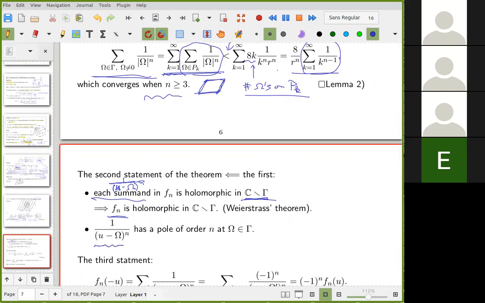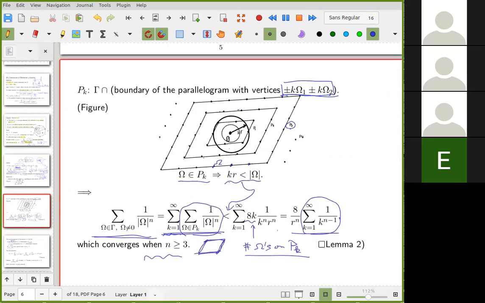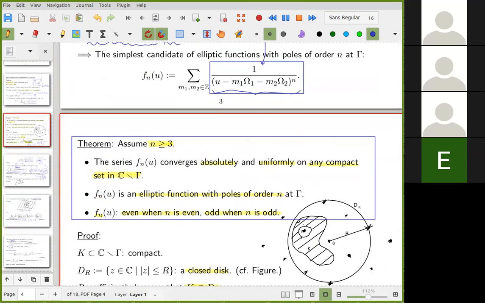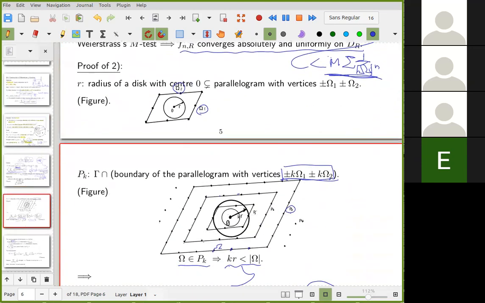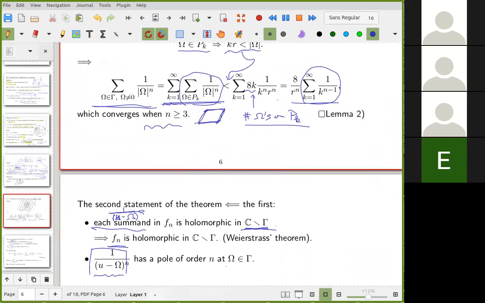And since each term has a pole of order n at omega, and everywhere else it is holomorphic, therefore we have this statement. Well, this has been proved. And it is an elliptic function, namely a doubly periodic function. Well, this is almost obvious from the construction.